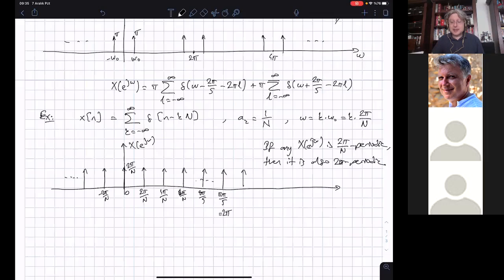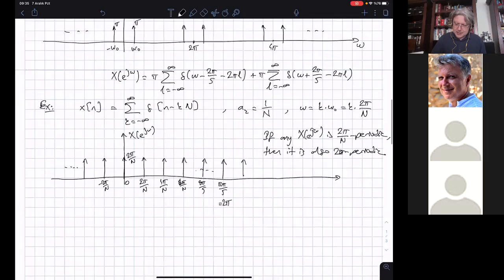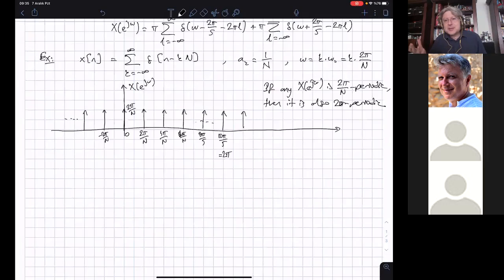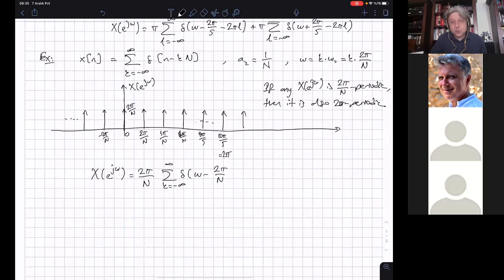These impulses are already rendering a 2 pi periodic frequency signal, some signal in the Fourier domain. So how can I write it in an analytical form, a mathematical expression of this? It's equal to 2 pi over capital N, summation of infinite impulses, let's say k from minus infinity to infinity, delta of omega minus 2 pi over capital N, or omega 0, times k.